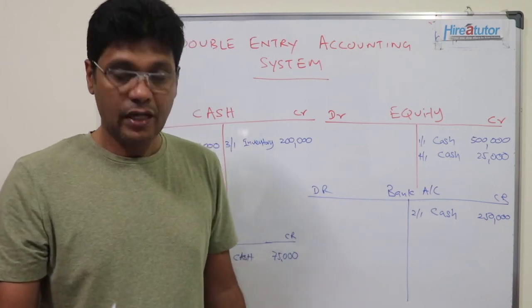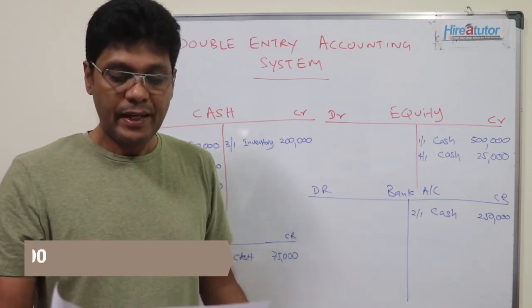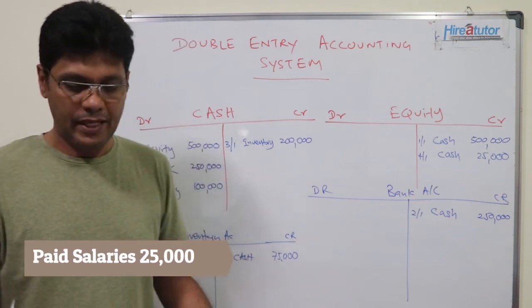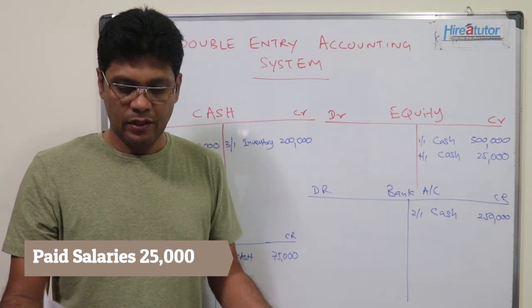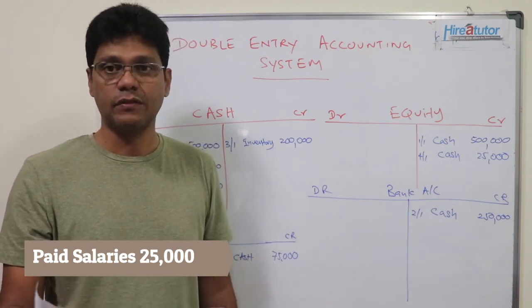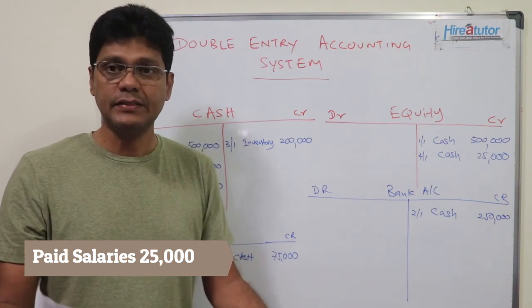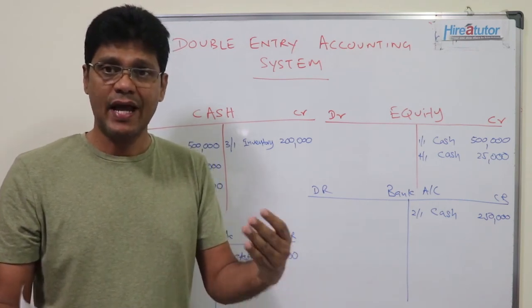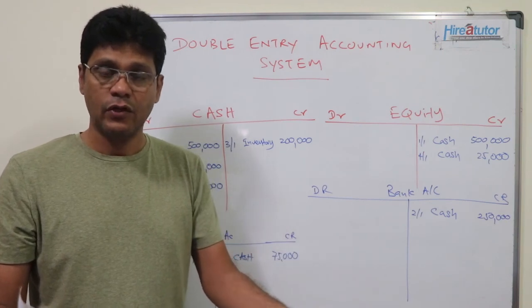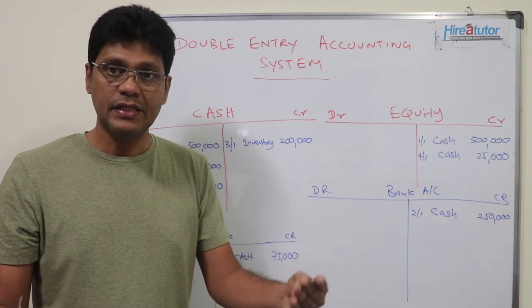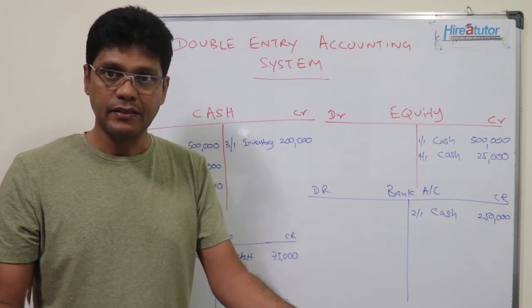Now let's move on to the other transaction. Paid salaries 25,000. So the company has paid salaries to the employees, their staff, 25,000. When you pay salaries 25,000, your cash asset will reduce. So a decrease in asset will be credited.